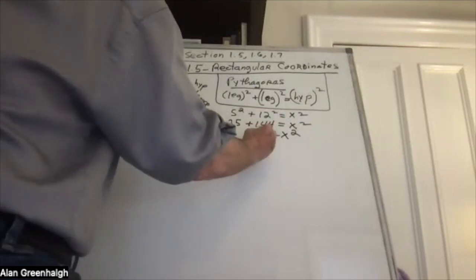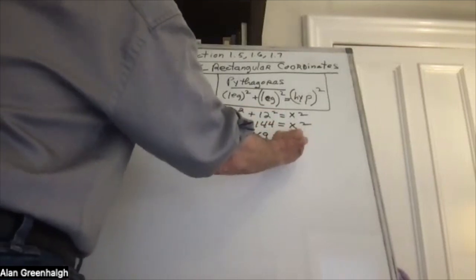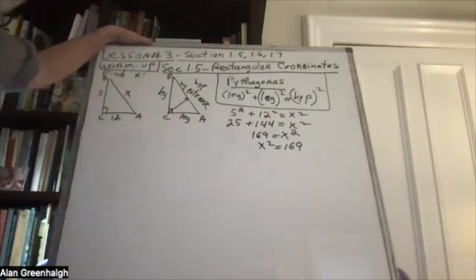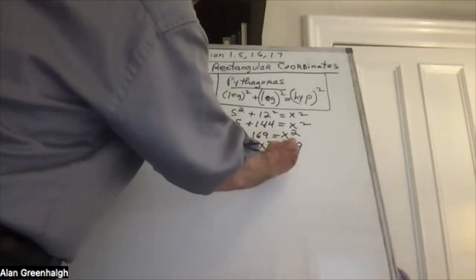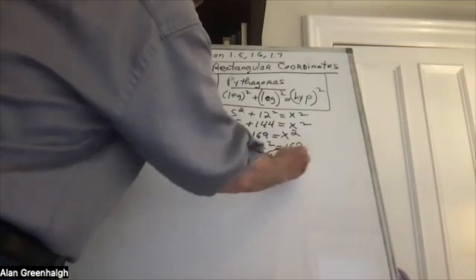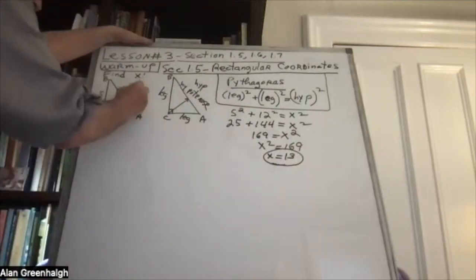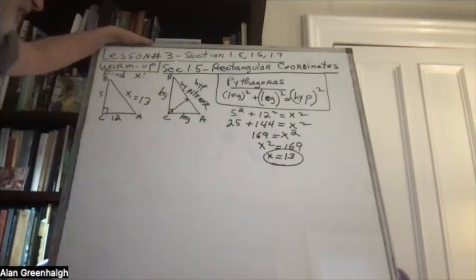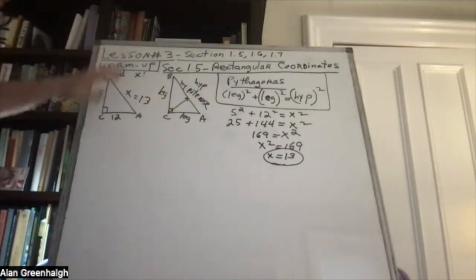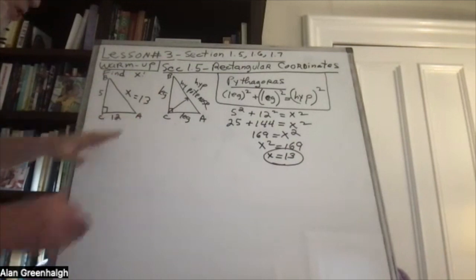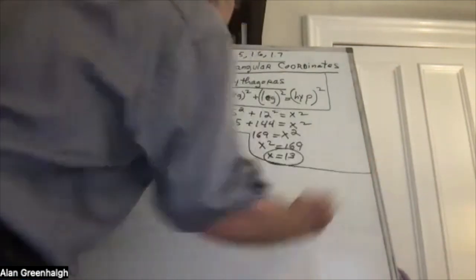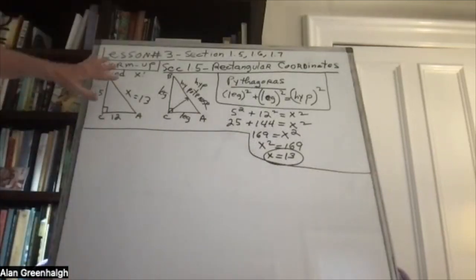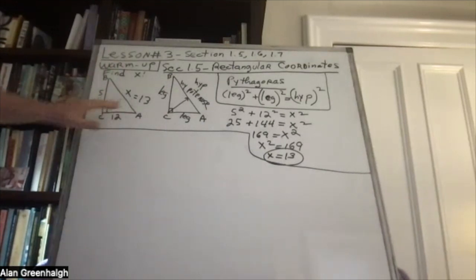Again, I'm going to move that around because to me, an equation is not an equation unless the variable is on the left. Then x is equal to 13 because 13 times 13 is equal to 169. So what the Pythagorean theorem does for us is facilitate our ability to find the third side of a right triangle.